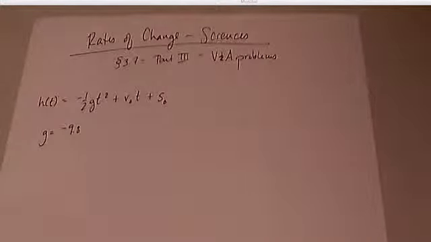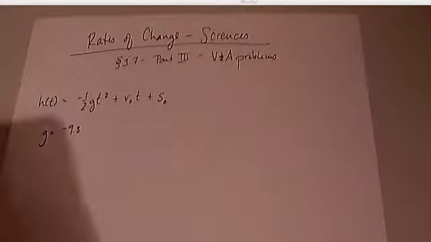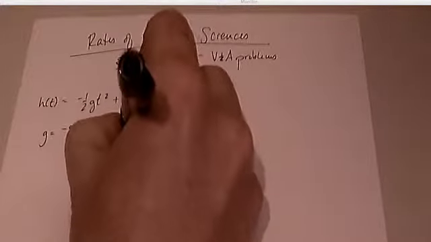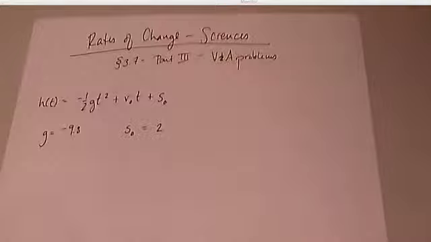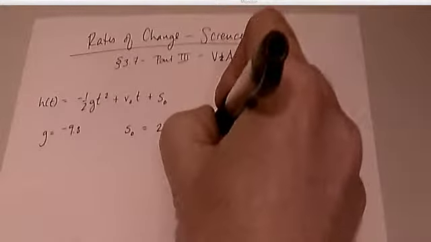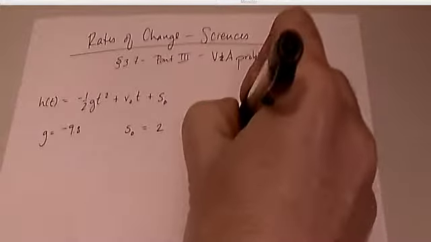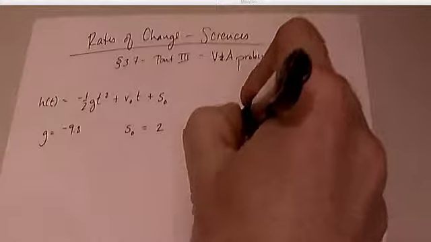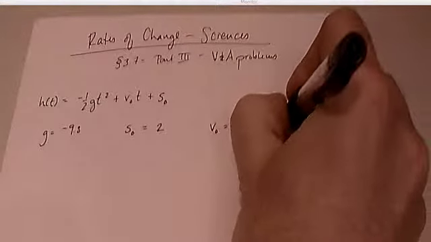We've been told that it was shot vertically from a point 2 meters above the ground, so we know s naught is 2. We've been told that the initial velocity is 24.5, so v naught is 24.5. There we go.